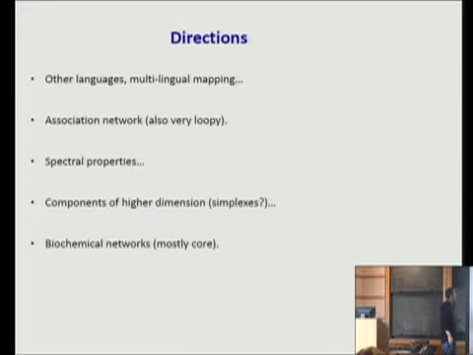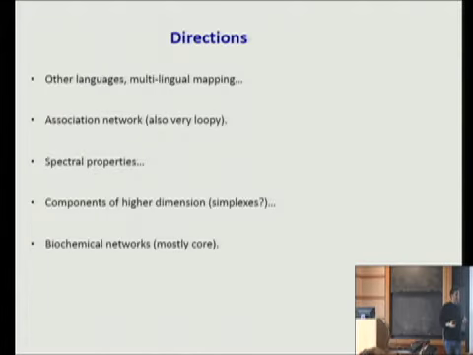We also look at biochemical networks, because our vague motivation was coming from self-replication, the problem of life. And biochemical networks are even more loopy, and most of them are core. Unlike the dictionary that is 90% hair, this thing is, let's say, 90% core. It's almost all loops.